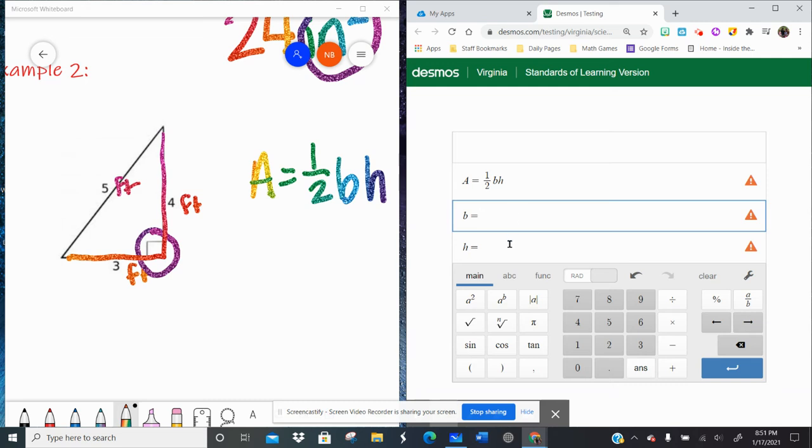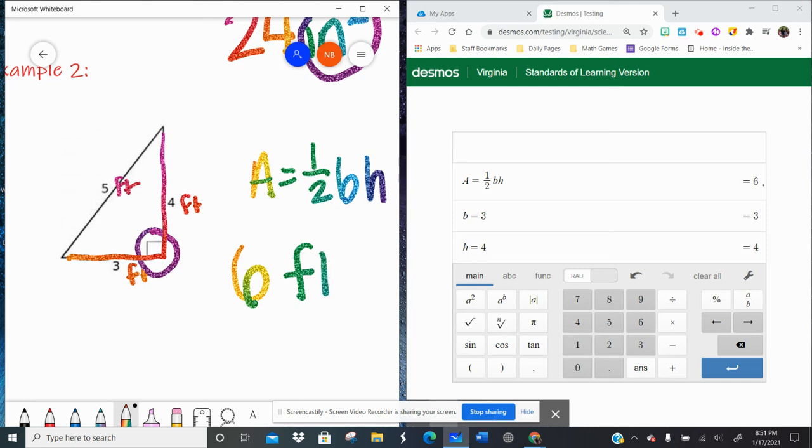So let's say the base is 3, the height is 4. Well, ta-da, right there. My answer is 6 feet squared. Remember, the little 2 goes after that unit of measurement. So again, calculator super helpful when you're looking to find the area of a triangle.